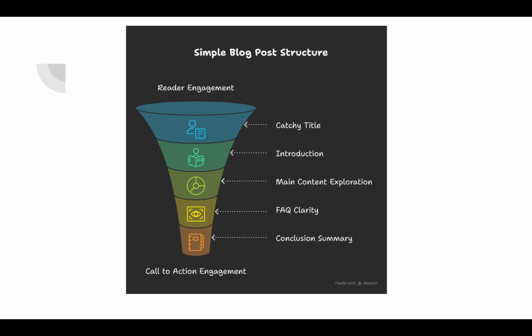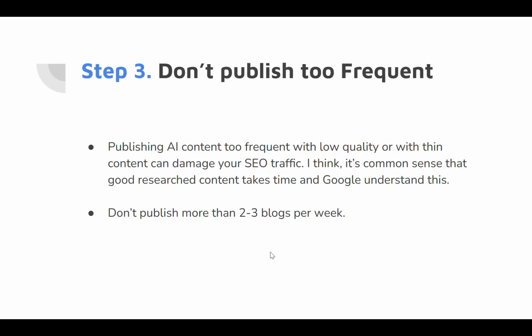I created this: the title, then the introduction, main content, then FAQ, then conclusion and summary, and then you have to use a call to action, CTA button. This is a simple format. I asked the AI and it created it.